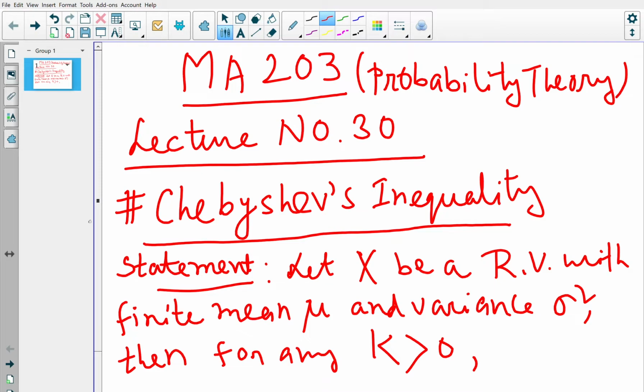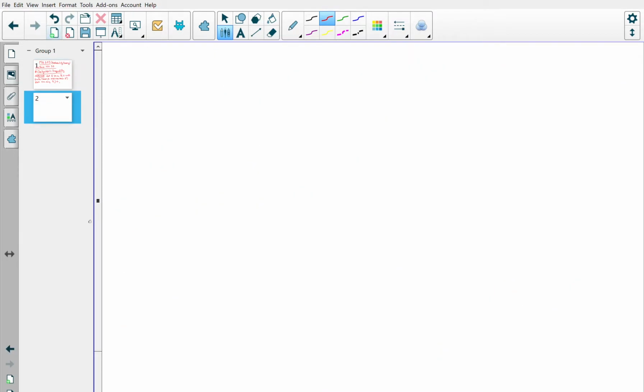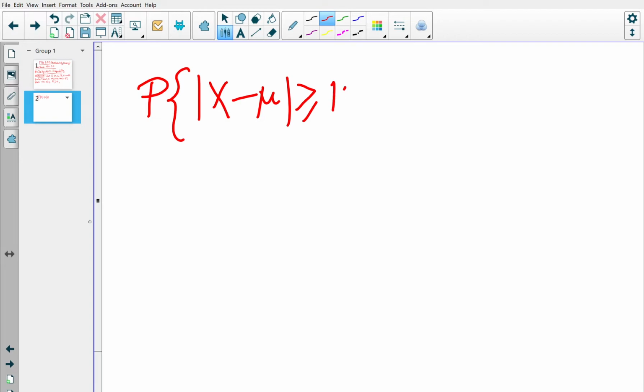So I am taking x as a random variable, meaning it can be either discrete or continuous. Okay, so for any k positive we have this inequality: the probability that mod of x minus mu is greater than or equal to k is bounded above by sigma squared by k squared.